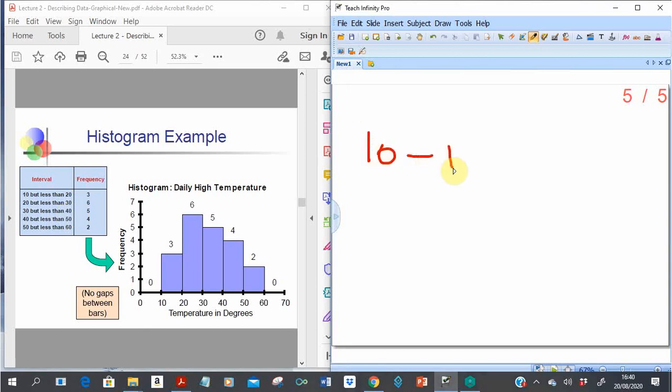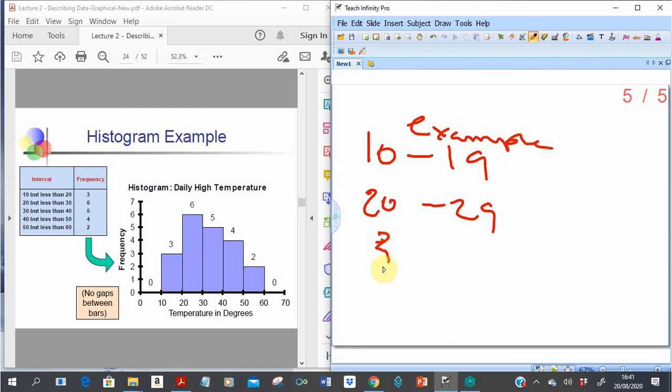If we had 10 to 19, then 20 to 29, this is just an example, then 30 to 39. In this case, you see that from 19 we go to 20, but we can have maybe 19.5, 19.1. So there's a space, there's a 1 here. And then after 29 again, we come to 30.